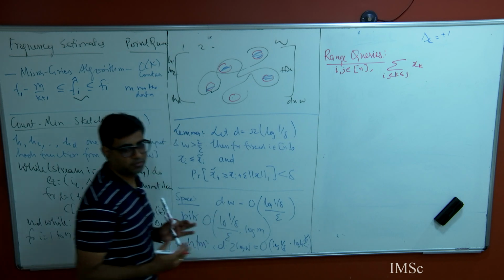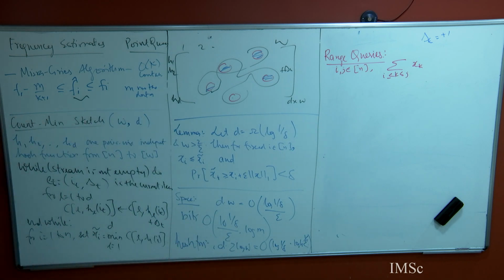So I want the sum of all the frequencies in the range ij. Why is it useful? A lot of databases are stored like that, and you want the frequency of all the objects between this and this. Or a lot of IP addresses are within some range, and you want the frequency of all the hits between this and this range. That is enough motivation for range queries.